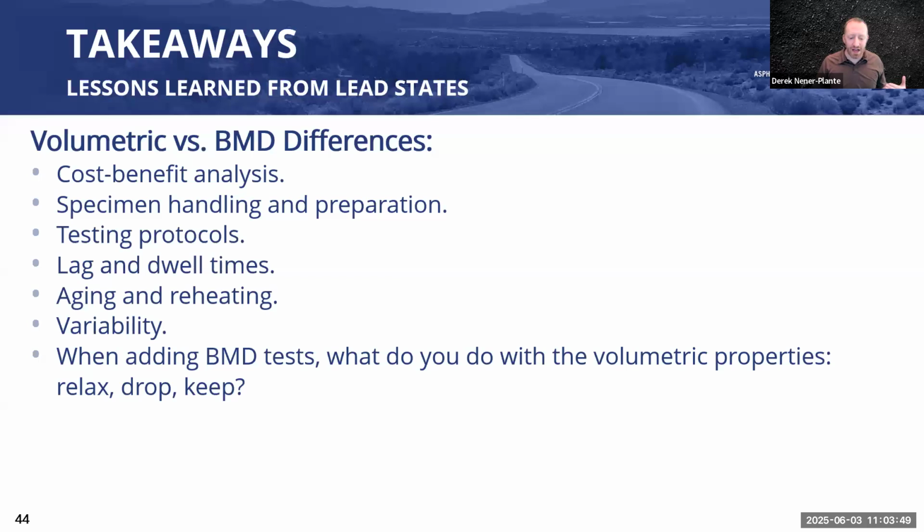So there might be other tests that you keep for a consistency measure in between your BMD results, et cetera. But again, with volumetrics, you're hoping to give some flexibility. That's one of the big pluses of balanced mix design. Hopefully, that's a big question that, I think, a lot of agencies, researchers, et cetera, are tackling now that we're beyond some of the initial research on BMD.